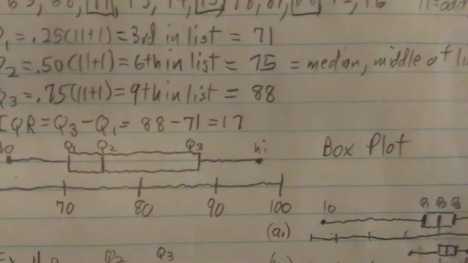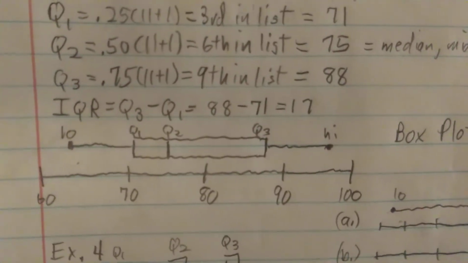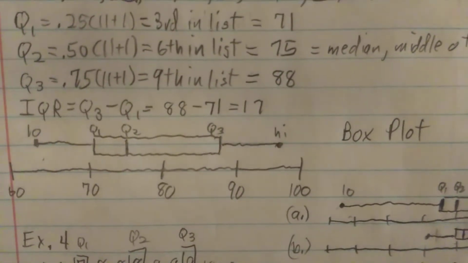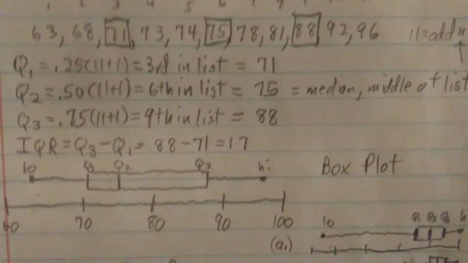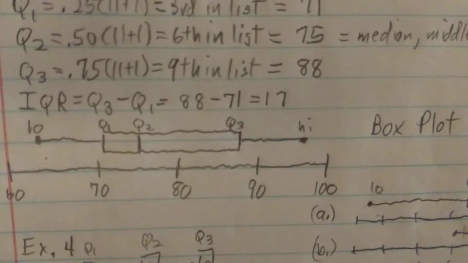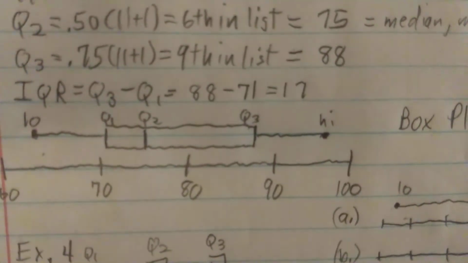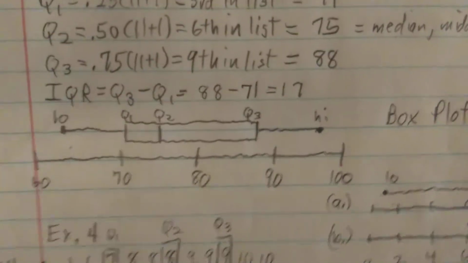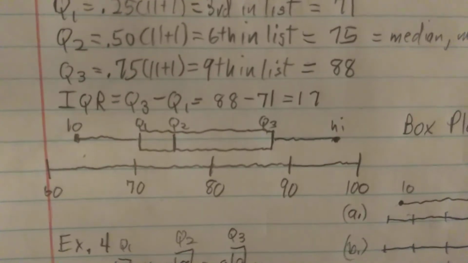The median was 75, so I put that on the scale in the middle between 70 and 80. And the end of the box is on 88. So the box Q1 to Q3 is the middle 50, with Q2 being the median. And the highest number we saw was 96, so that makes our box plot.